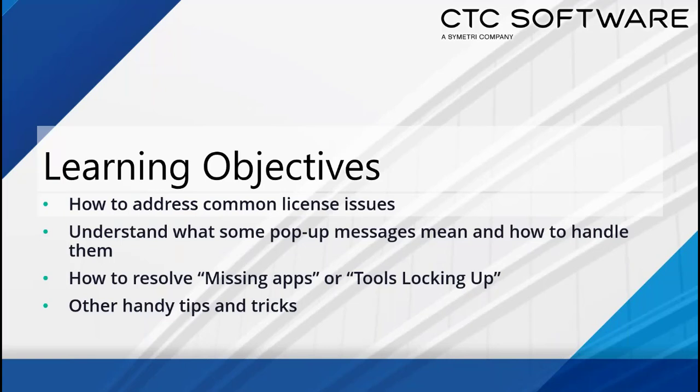We'll talk about user accounts and how to manage some of that stuff and things that you may run into. We'll get into the Revit space a little bit and talk about what happens if something appears that it's locked up, or if you know for a fact that the app is missing or not launching correctly. And then a couple other tips and tricks that will get peppered in throughout.